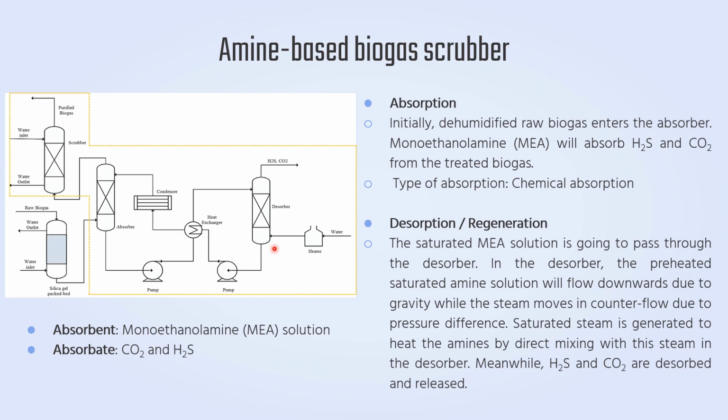In the desorber, the preheated saturated amine solution will fall downwards due to gravity, while the steam will move in counterflow due to the pressure difference. The steam is generated to heat the amines by direct mixing with the steam in the desorber. At the same time, the hydrogen sulfide and the carbon dioxide are desorbed and released.